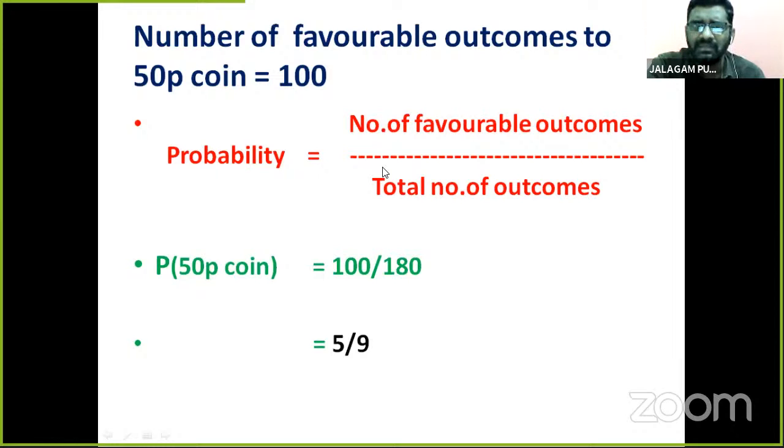If we read the problem carefully, we easily understand what the favorable and total possible outcomes are, and simply substitute in the formula.